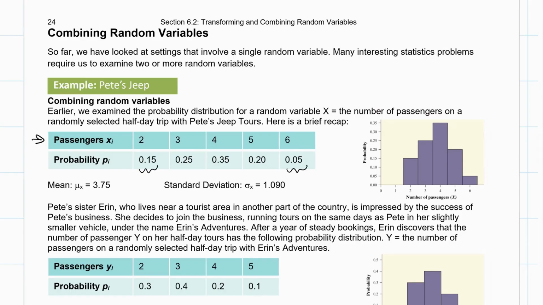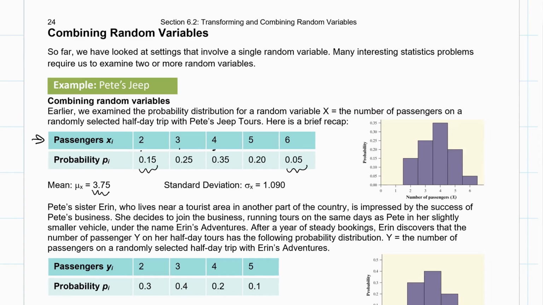And in that lecture, we went through finding the mean for Pete's Jeep tours, the expected value. And we found it by doing a weighted average, multiplying 2 times 0.15, 3 times 0.25, 4 times 0.35, and then adding them all up.